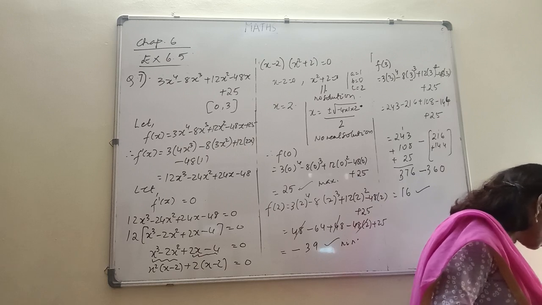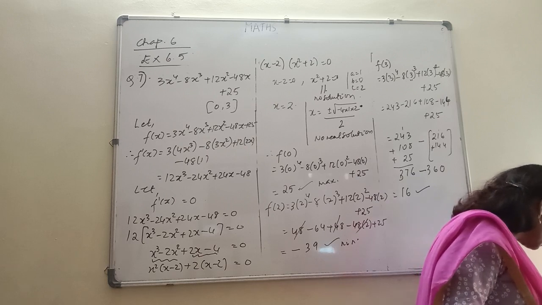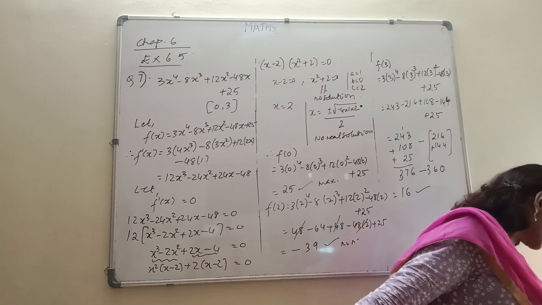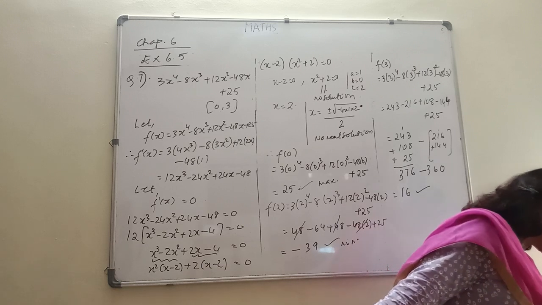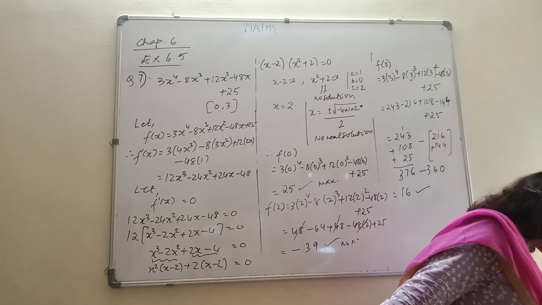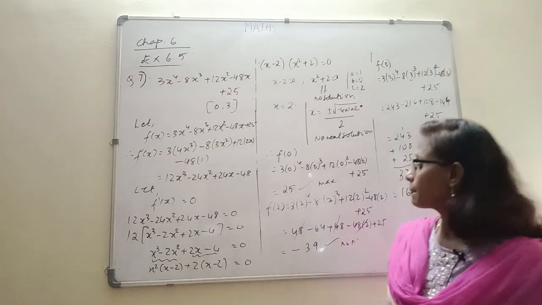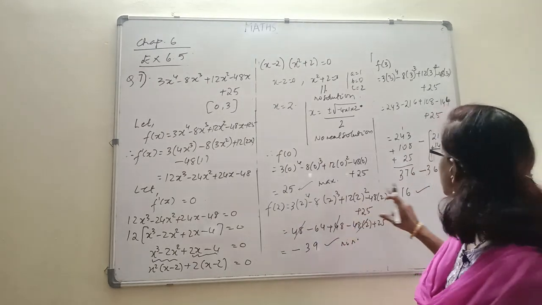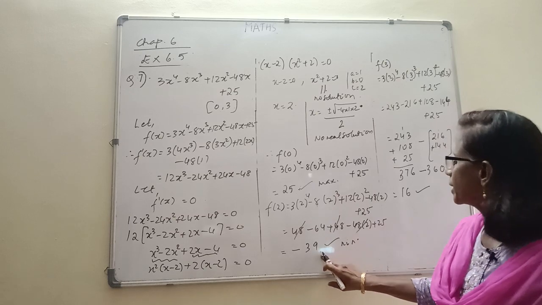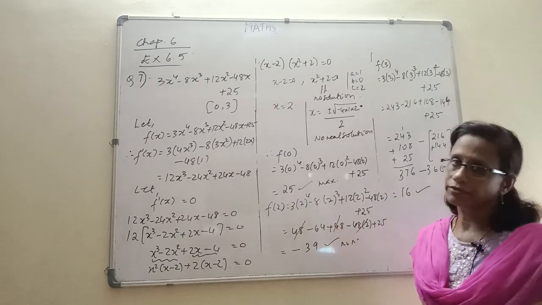All right, so let us write the maximum and minimum value. The values that we get over here are negative 39 and 25.